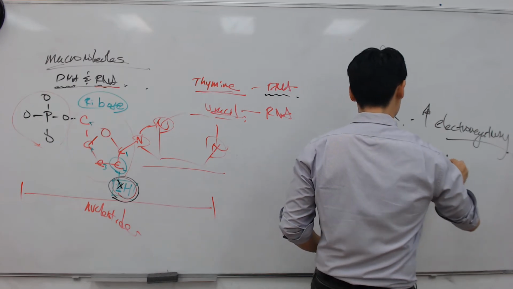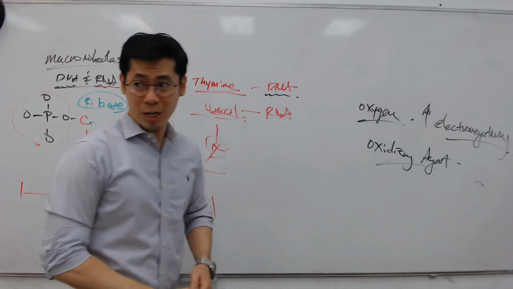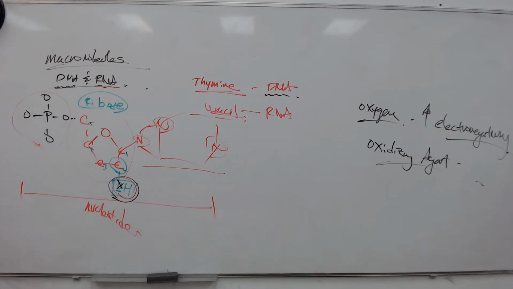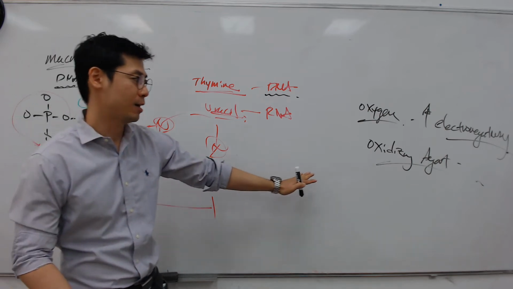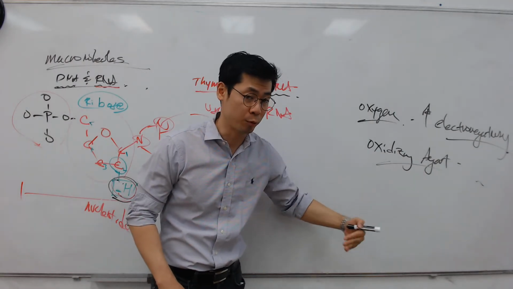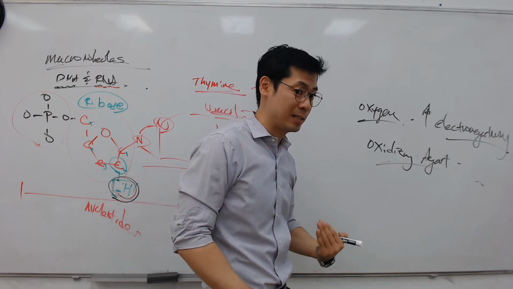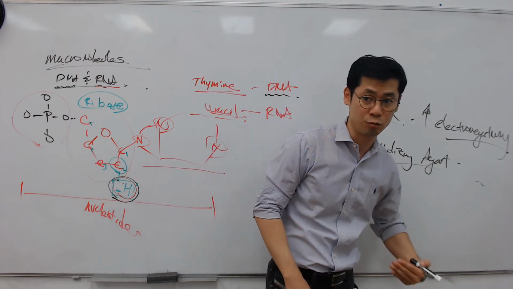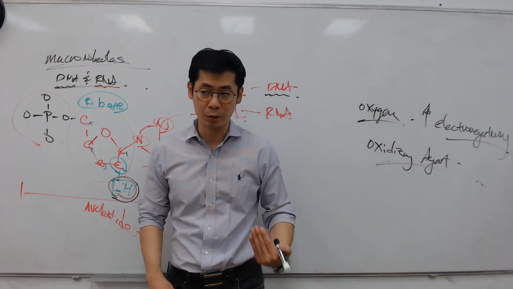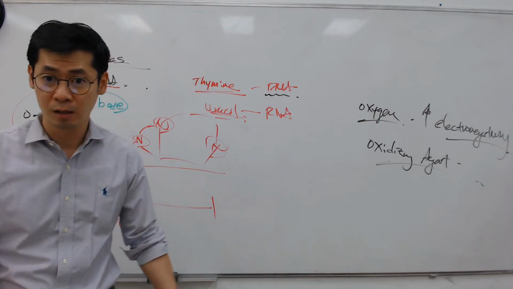So compared to a nucleotide with the oxygen, if you don't have this guy, it becomes a weaker oxidizing agent, less likely to react, because you do not want your hereditary material to react on a daily basis.